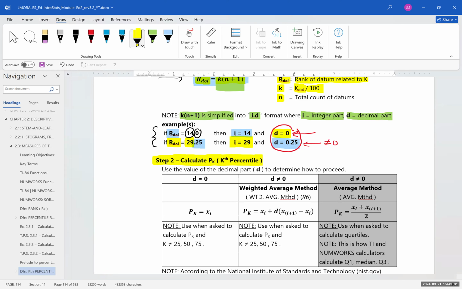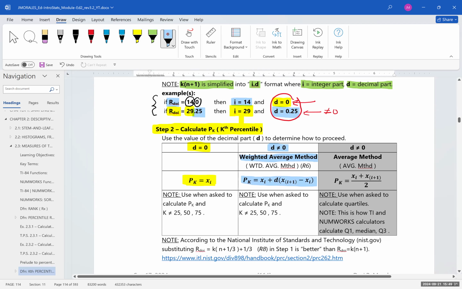So if the decimal part is 0, then the kth percentile is just going to be the datum with the rank of the integer part up above. If the decimal part was not equal to 0, you're going to use a weighted average method, and that uses this formula here. And really, those are the two conditions you need to pay attention for.